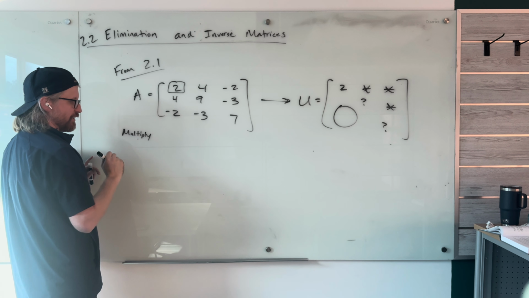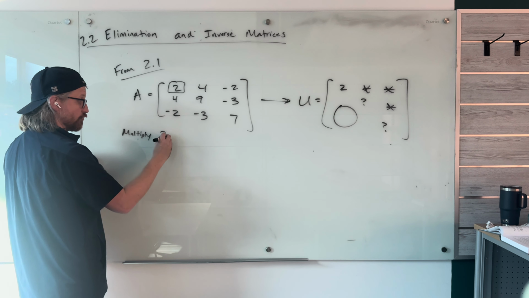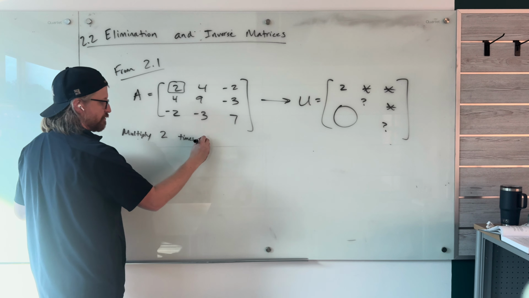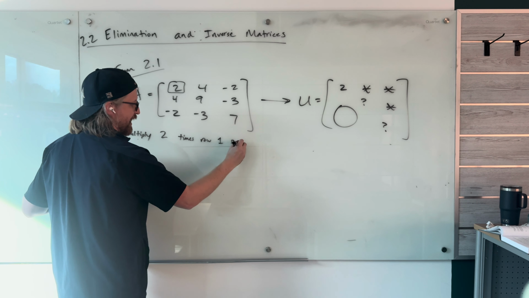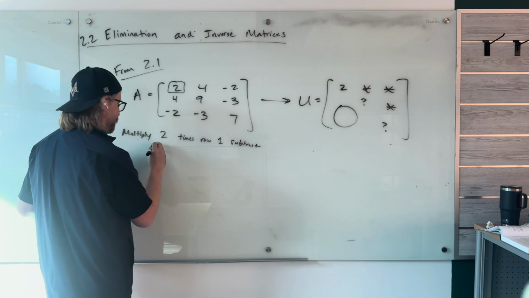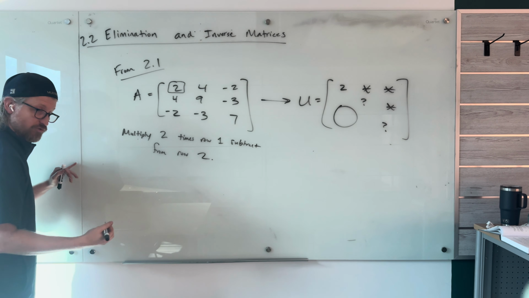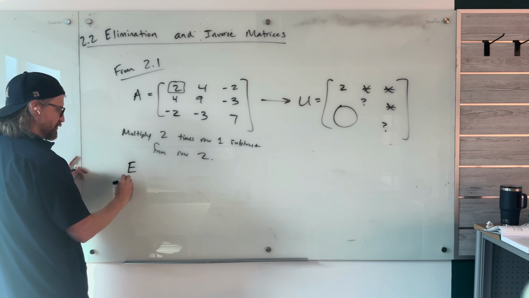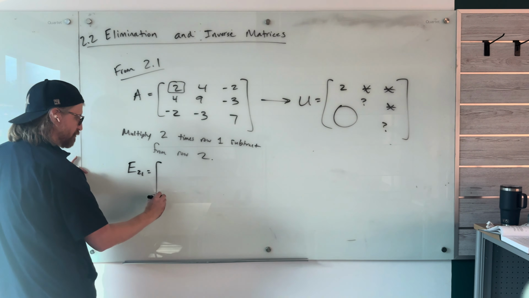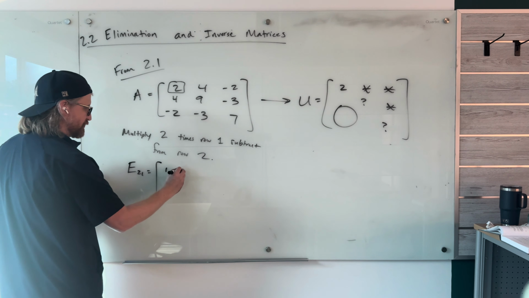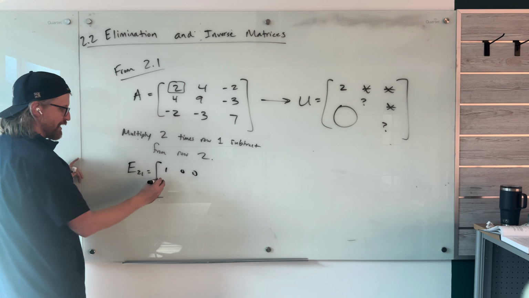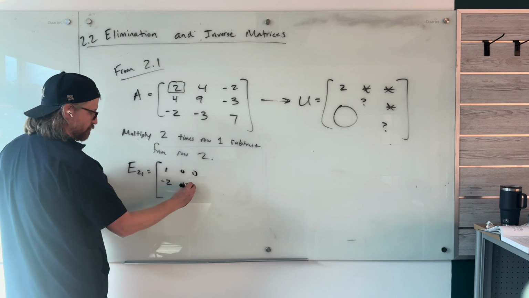I want to multiply 2 times row 1 and then subtract from row 2. In order to do that, I'm going to use my elimination matrix E21, where I'm going to have 1, 0, 0, and in the E21 spot, I'm going to put negative 2.